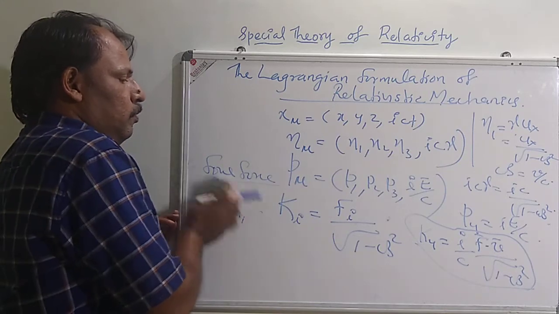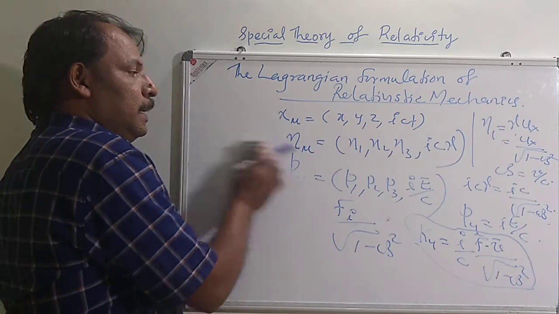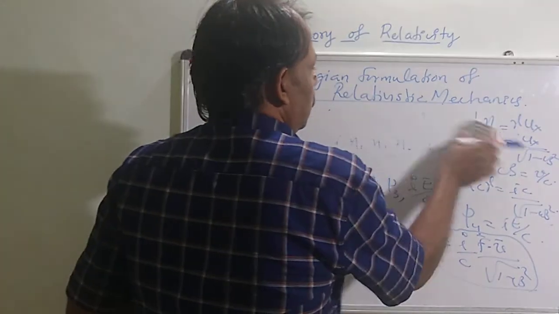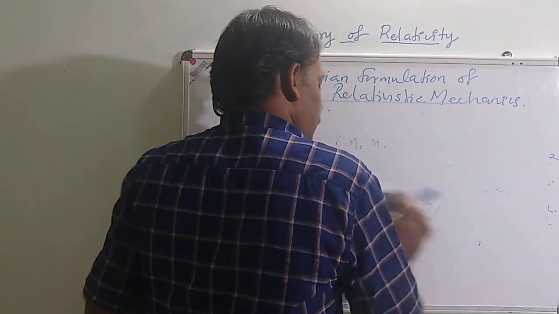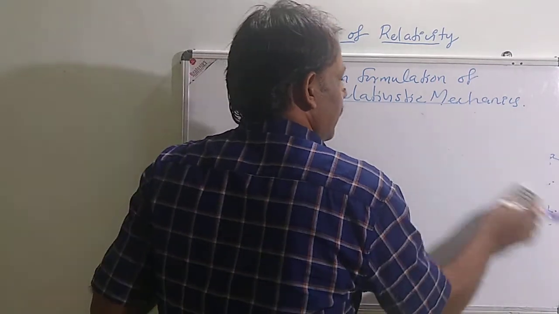Now we will find a Lagrangian, relativistically, for the relativistic case.